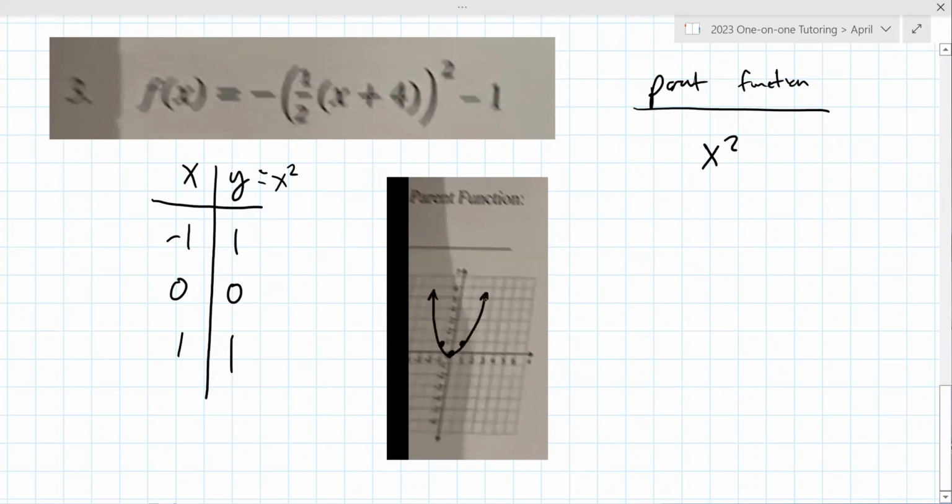Can you do that for me, please? Got it down? Okay.